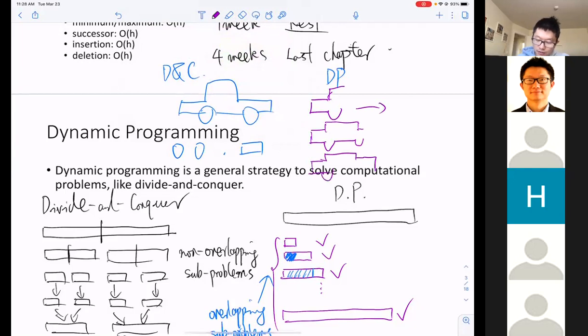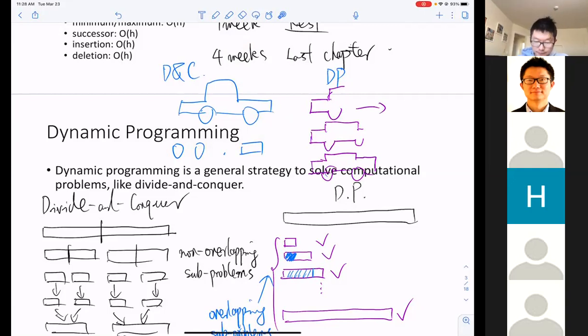Every time you're doing the moving, they share something, right? That is what I mean by overlapping. There are some overlaps that exist in the sub problems.